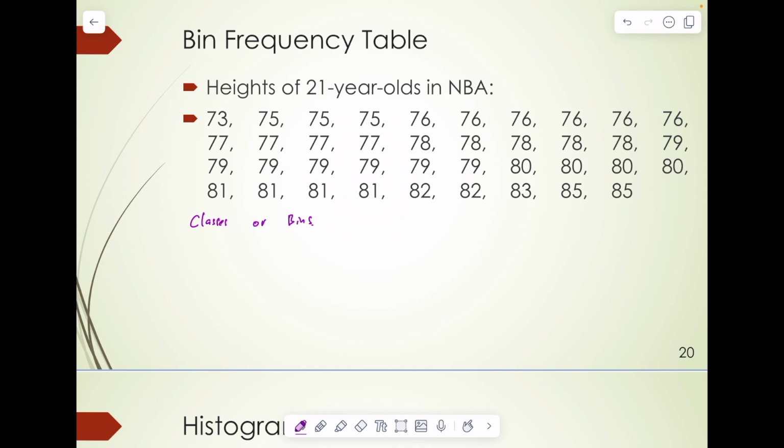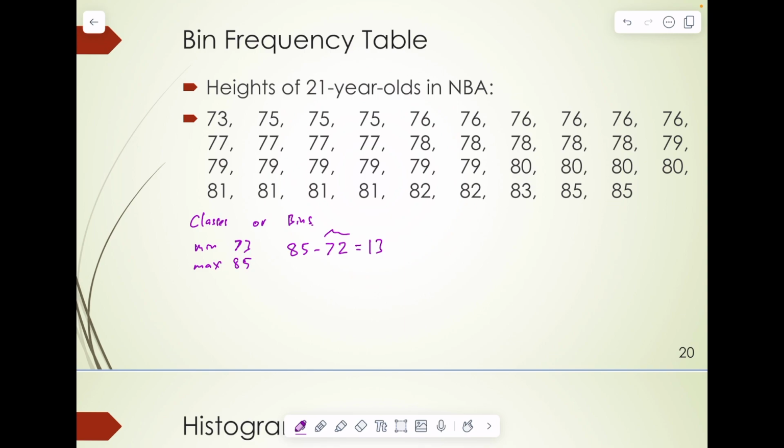Let's take a look at this data. The smallest is 73. The maximum is 85. So that includes 85, take away 72, and that gives me 13. Now, I took away 72 because I want to take away the inches that are not included in my data. 73 is included, so 72 and below is not included. So I'm just going to subtract 72, and that's going to give me 13.